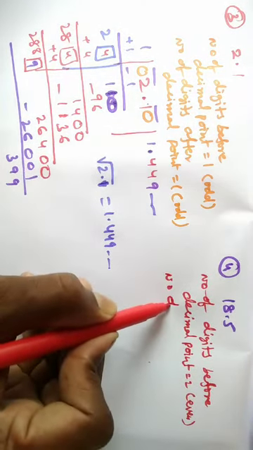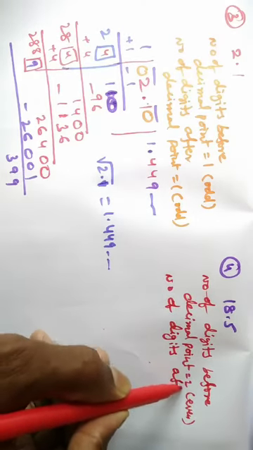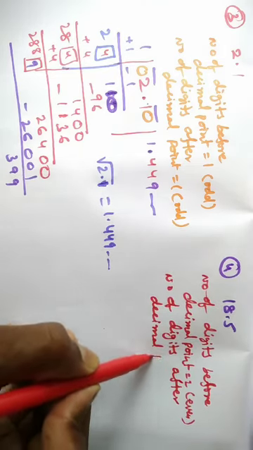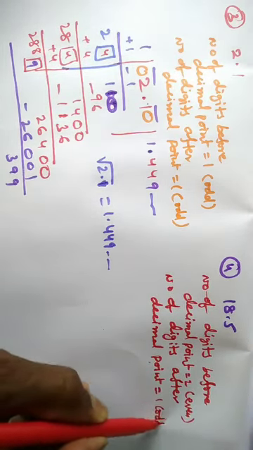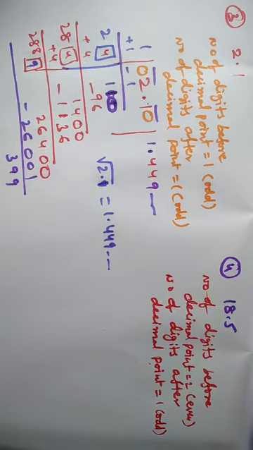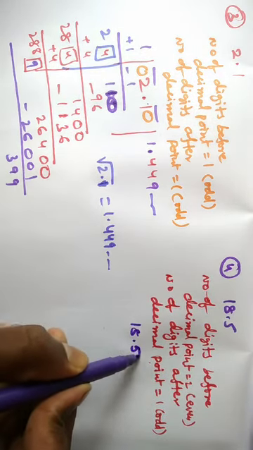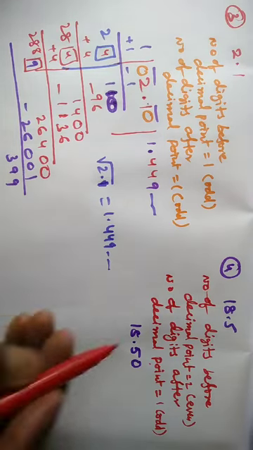The number of digits after the decimal point is 1, odd. So where we have an odd number of digits either before or after the decimal point, we have to make it even. So 18.50. Then we have to continue the process.